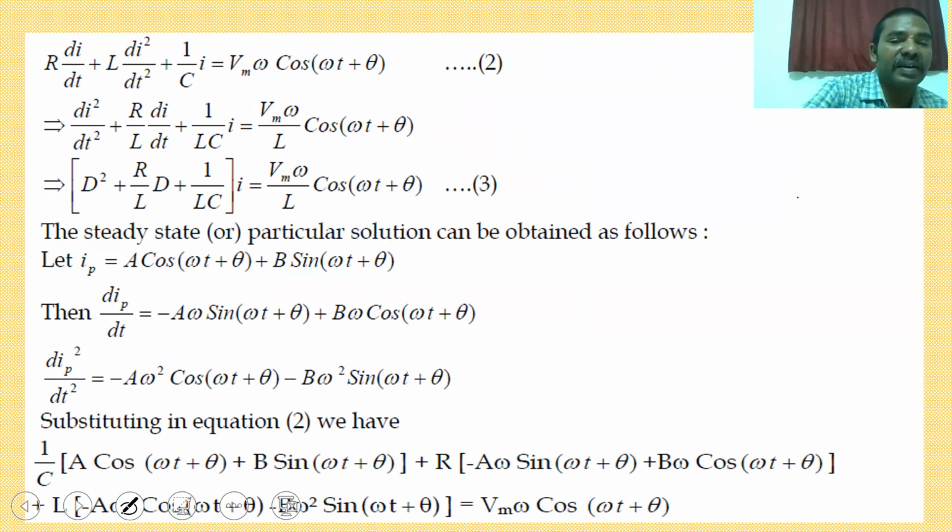For the particular integral, we take ip = A cos(ωt + θ) + B sin(ωt + θ). Then differentiating ip with respect to t, we get dip/dt = −Aω sin(ωt + θ) + Bω cos(ωt + θ). And d²ip/dt² = −Aω² cos(ωt + θ) − Bω² sin(ωt + θ).